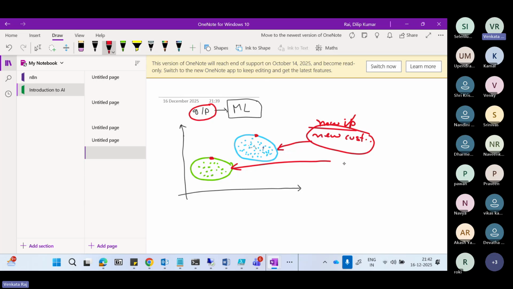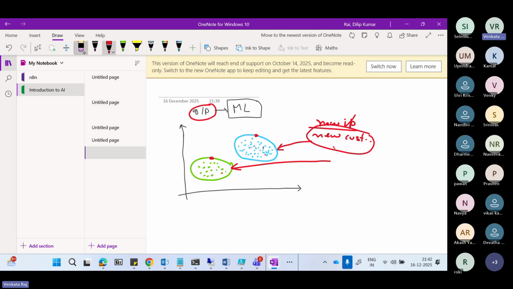So whenever new data comes in, it will put this new data into either of the clusters. So clustering tries to group different input data into different groups. So this is what is called clustering.